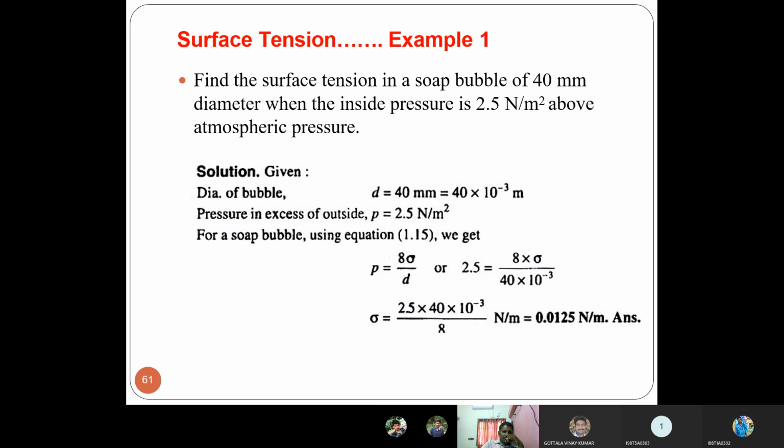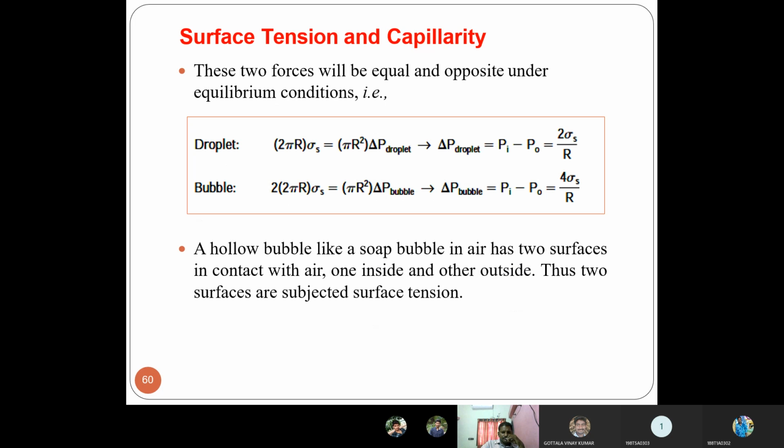For a soap bubble, the pressure difference Pi minus P naught is equal to 4 sigma by R. This R can be written as diameter by 2, D by 2.